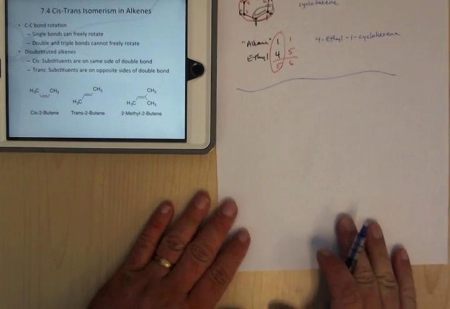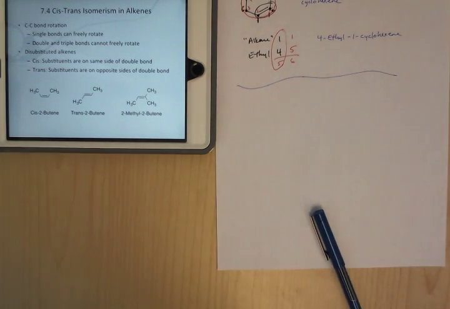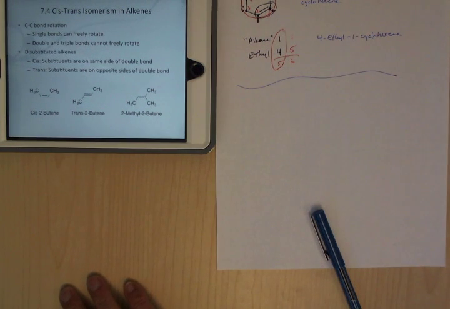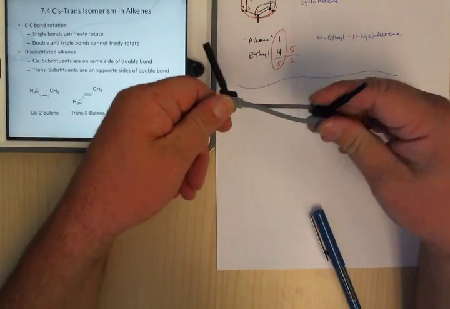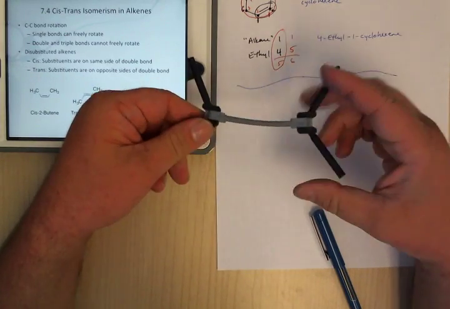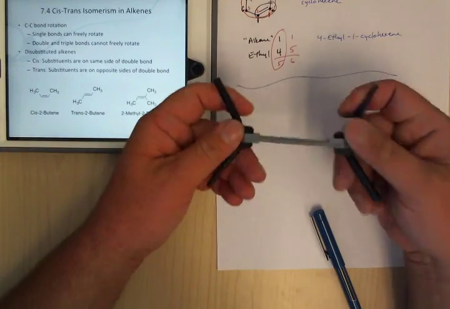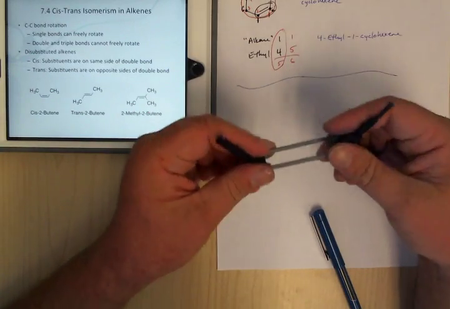Now one of the things that can happen with double bonds, and you can build this with your model set, is that double bonds can't rotate. They can't freely rotate like single bonds can. Not only do they not do it on a model kit, they don't do it in nature as well.